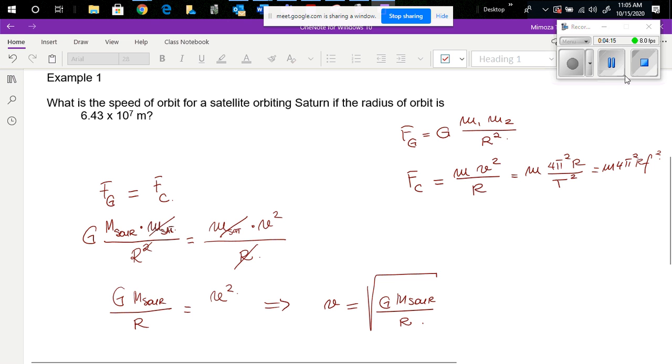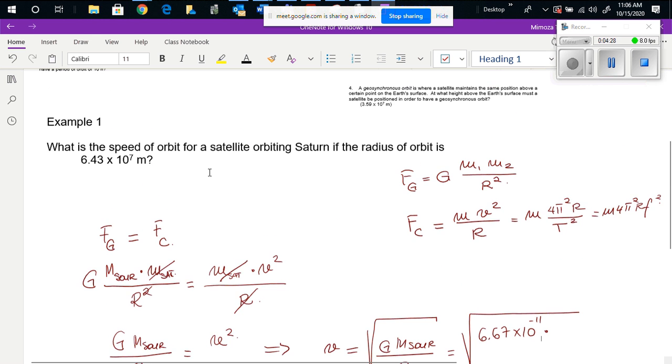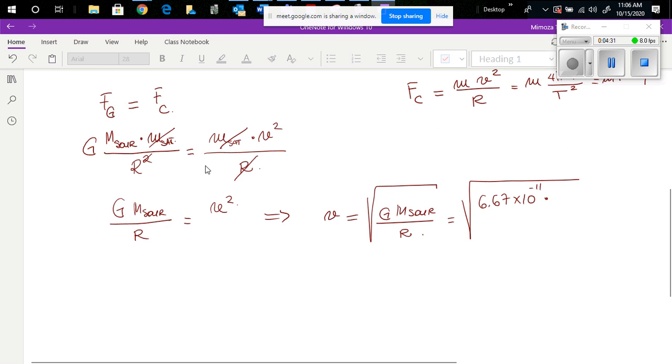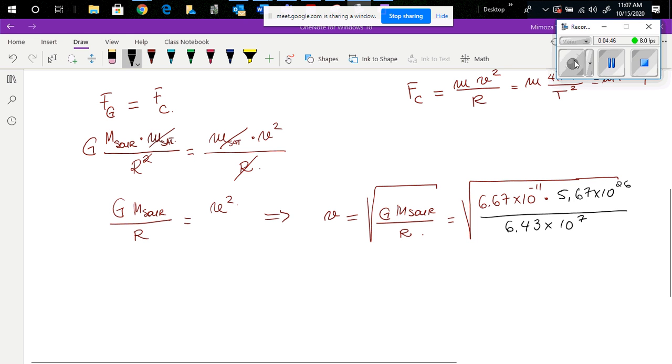And G is the universal gravity, 6.67 times 10 to the power of negative 11, times, oops, no, it's the mass of the source, which is Saturn. So we have to go to the table and figure that out.